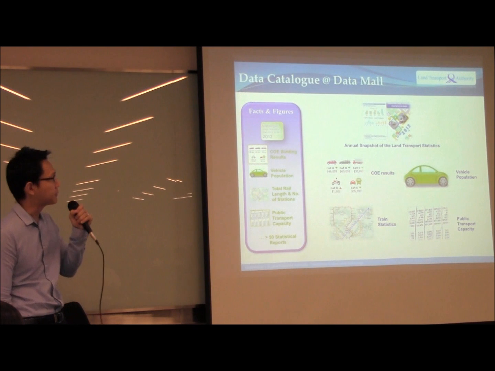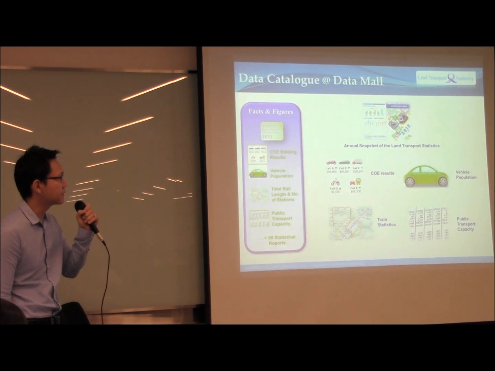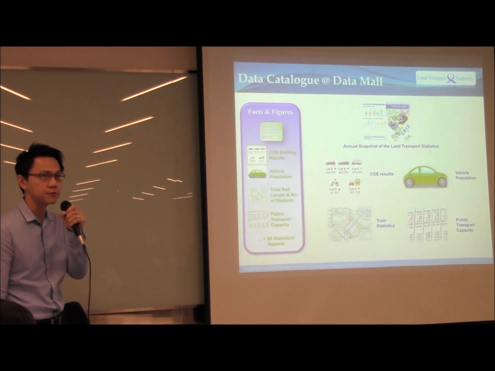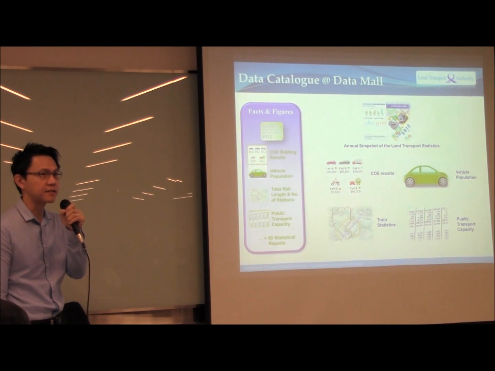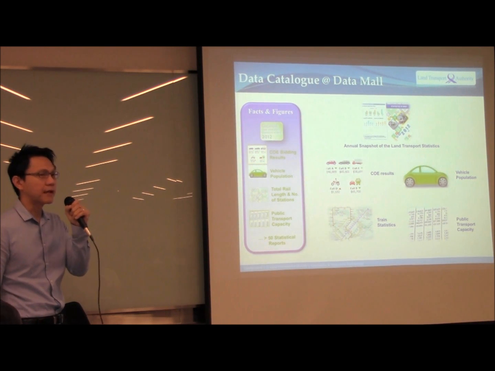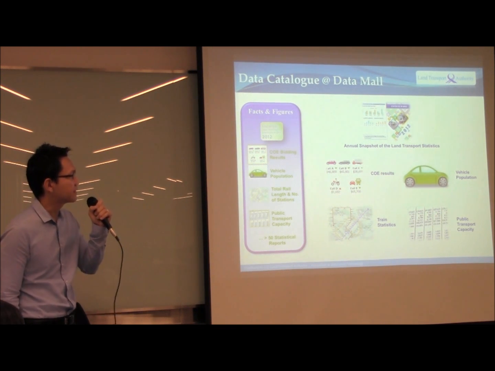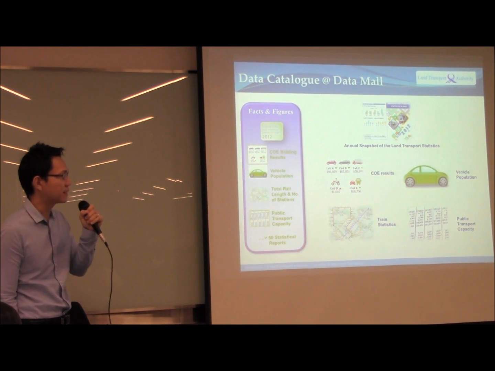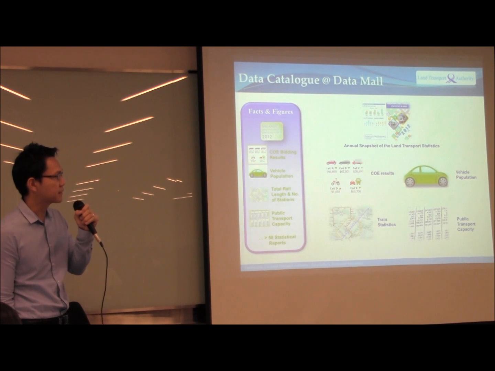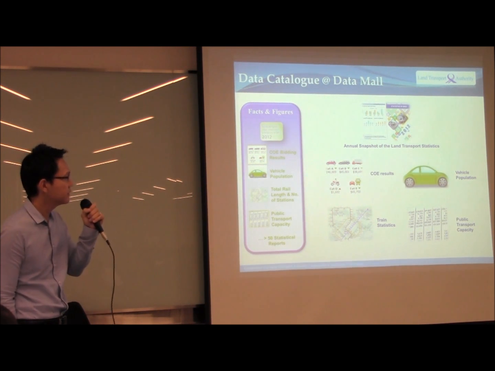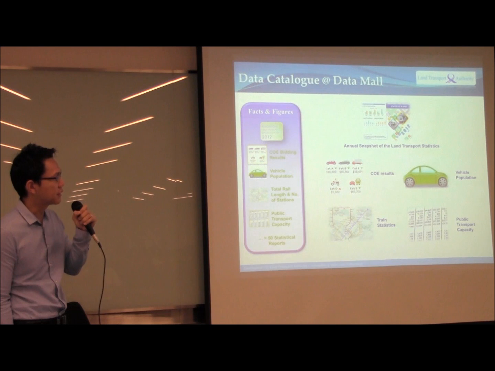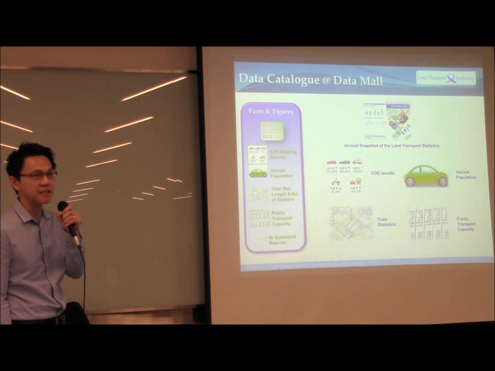Lastly, the facts and figures category contains statistical reports that are useful for researchers and academia to analyze and study transport trends. It contains data sets such as past COE results, statistics on vehicle population, train statistics, and also public transport utilization and capacity.